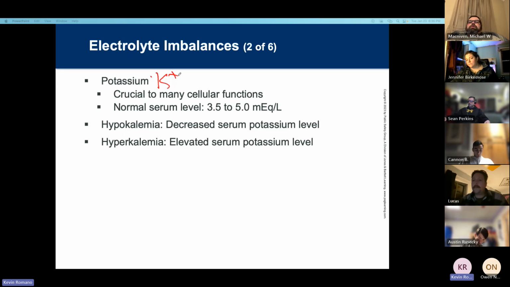Nothing you can do in the field as an advanced EMT to fix this, but I want you guys to understand what could cause a patient to be hyperkalemic. I'll give you a hint, it has to do with trauma. Excessive blood loss? Not excessive blood loss.